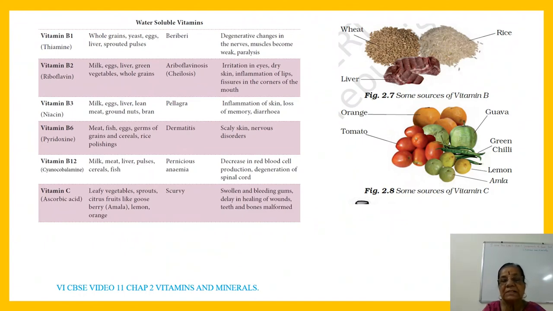And it causes dermatitis. Dermatitis is a skin disease, with scaly skin and nervous disorders. And vitamin B12, it is cyanocobalamin, causing pernicious anemia.